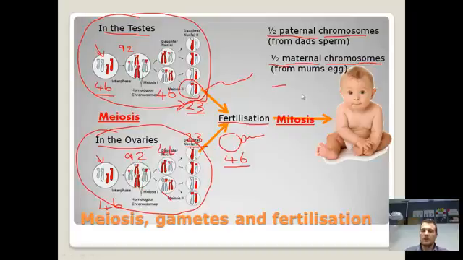And then what goes on is mitosis, which is cell division for growth and repair. Obviously there's going to be a heck of a lot of cell division going on to go from a single cell, the first fertilized cell, which is known as a zygote, which is going to divide, and then divide again, and divide more and more by mitosis, until eventually we end up with a baby.